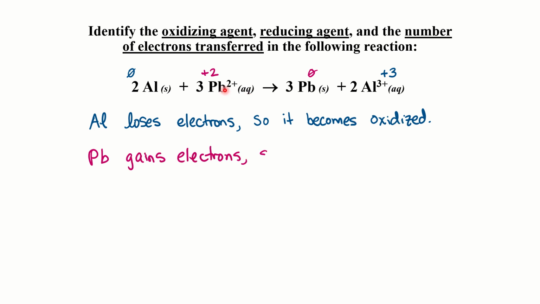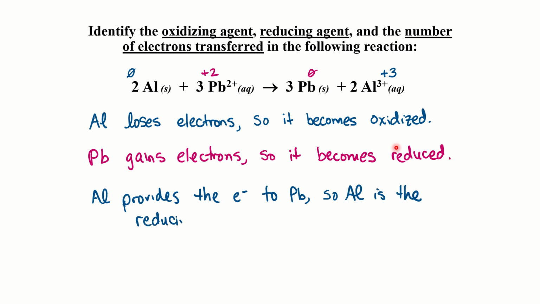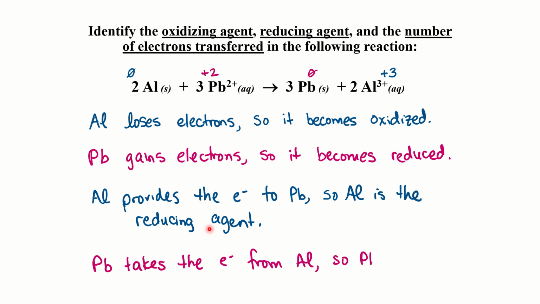Meanwhile, the lead here is going from an oxidation number of +2 to 0. Its oxidation number is decreasing, meaning the lead is gaining electrons, so we would say that the lead is being reduced. Aluminum is providing the electrons, so that makes it the reducing agent. Lead is taking the electrons, that makes it the oxidizing agent.